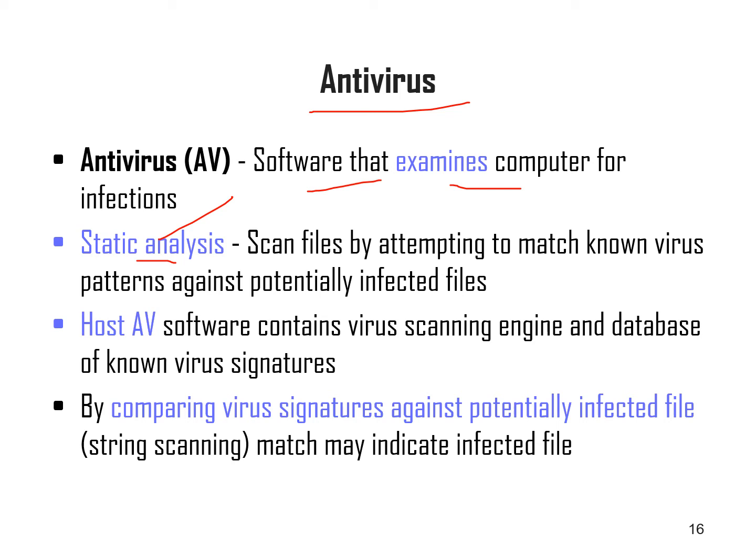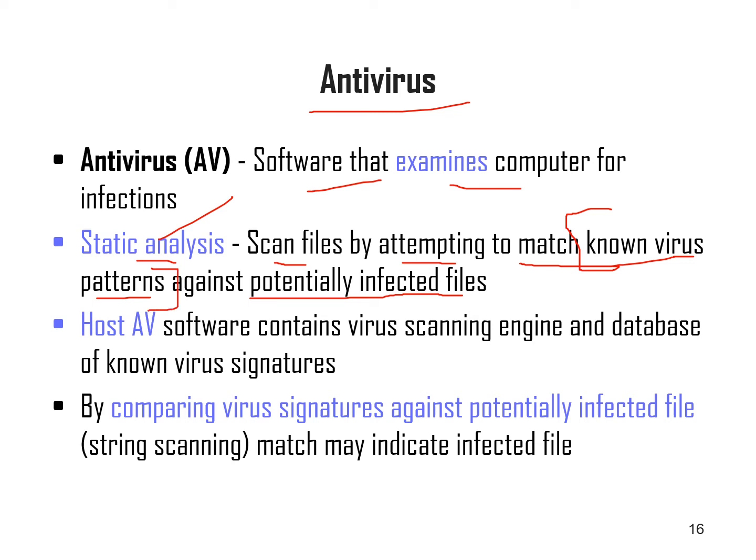If I am using static analysis for protecting the files in my system, that is, examining the computer against infection, the static analysis scans the files by attempting to match known virus patterns against a potentially infected file. So it will match with the known virus patterns.